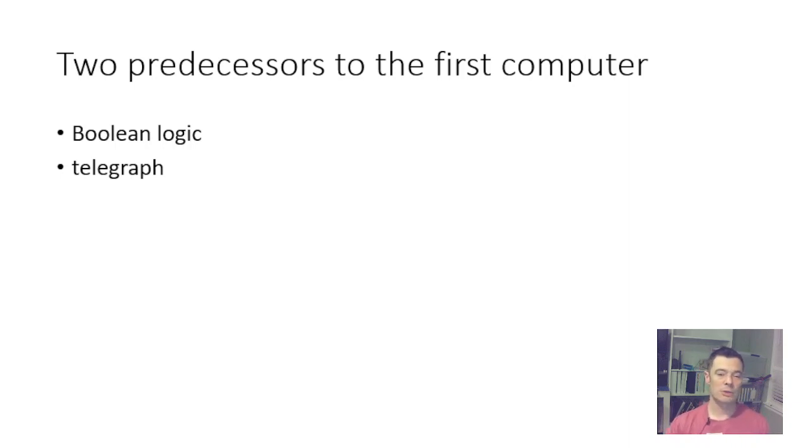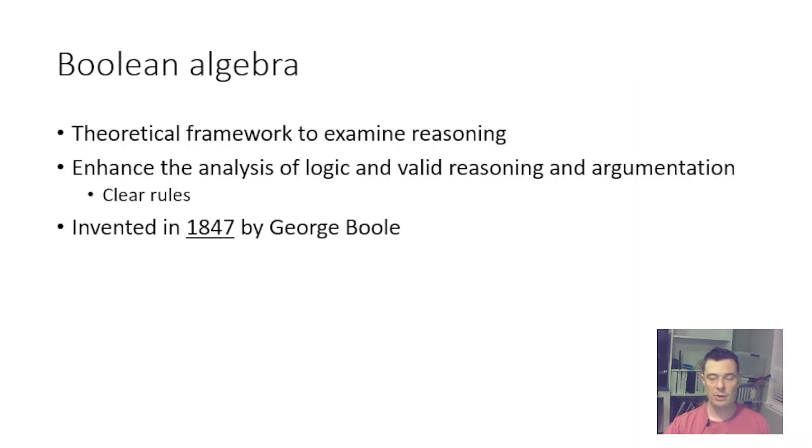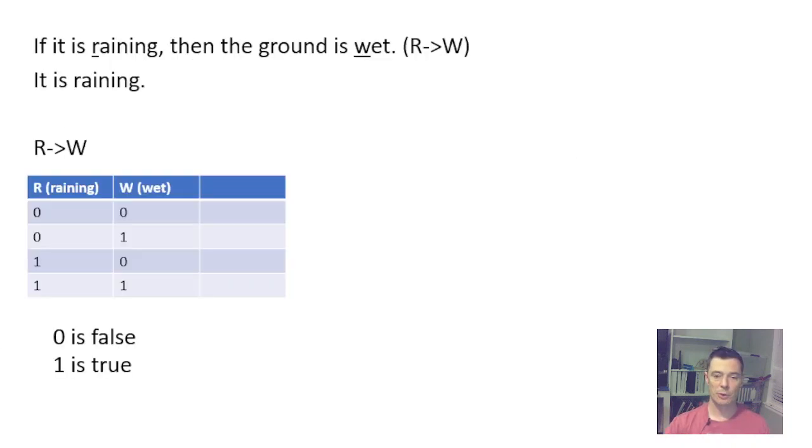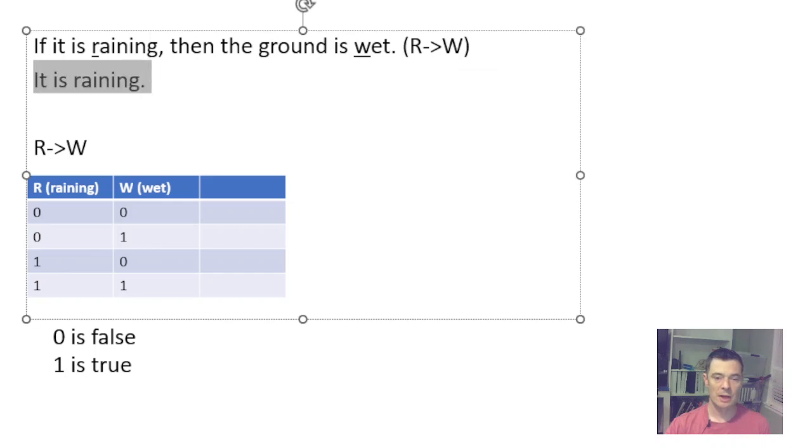There are two things really that brought us to the computer, which is Boolean logic and the telegraph. Boolean logic, or Boolean algebra, was built around supporting philosophy and to help dissect and analyze arguments. It was really just a framework to evaluate arguments, like this one here, which is just the statement, "It is raining."